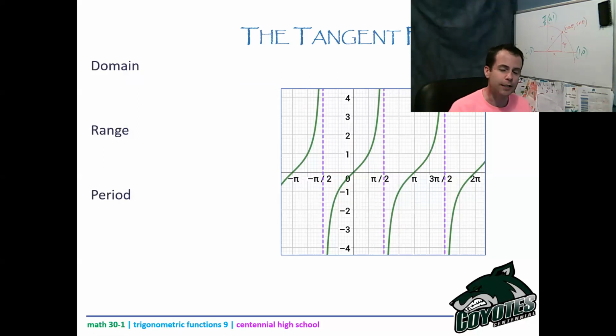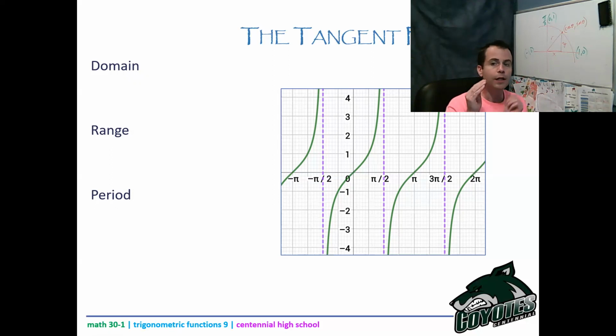Now, this one's a little tricky, and I want you to go back and think through a few lessons ago when we were reviewing angles in standard position. One of the things we talked about was writing a general solution or a general form. So that was writing all those infinite amounts generally. And what we did is we wrote the first positive one and then the period of repetition after that.